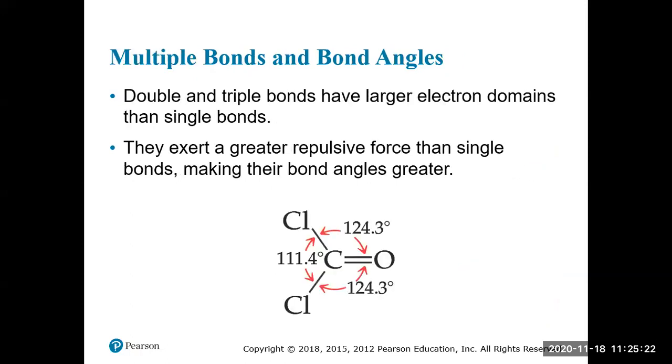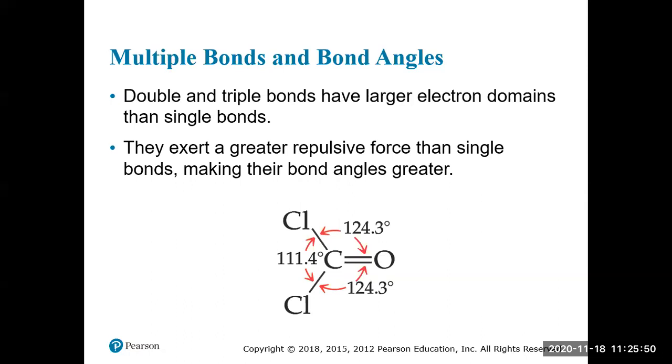Let's talk about multiple bonds a little bit in bond angles. As you might imagine, double and triple bonds have larger electron domains than single bonds. Even though in terms of our geometry each counts as one electron domain, so it doesn't matter if it's a single, double, or triple bond, it only counts as one, the reality is that the double and triple bonds are larger domains.